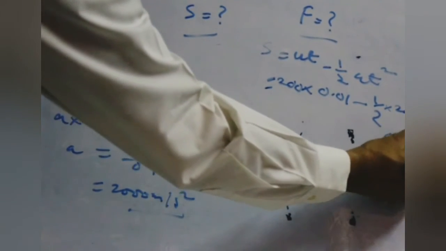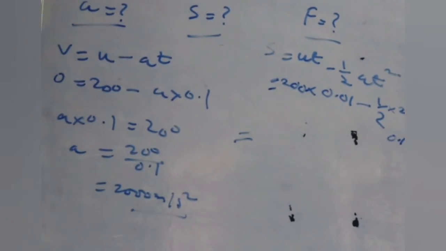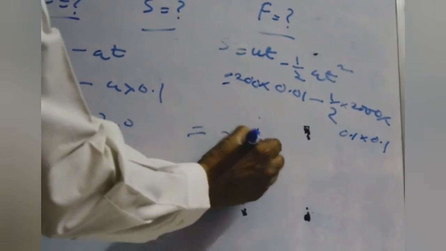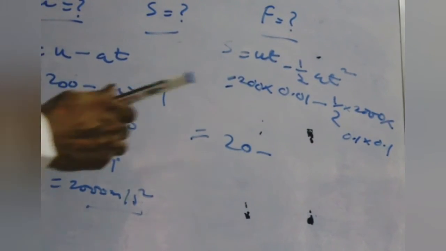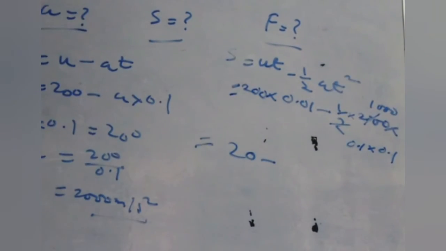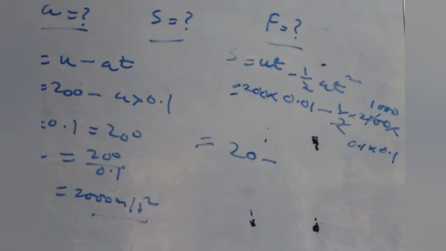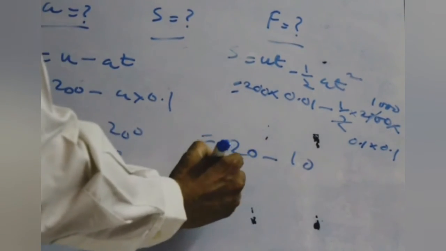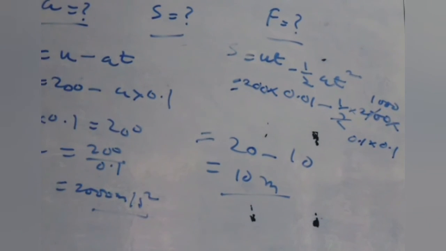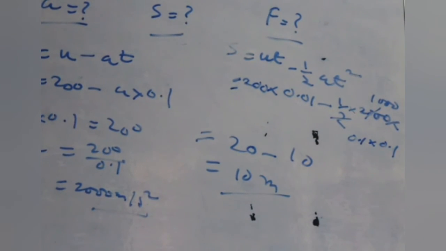Now 200 into 0.1 is 20, and half of 2000 is 1000, multiplied by 0.1 into 0.1, that means minus 10, so it will be 10 meter. This is the distance penetrated by the bullet within the wooden log.